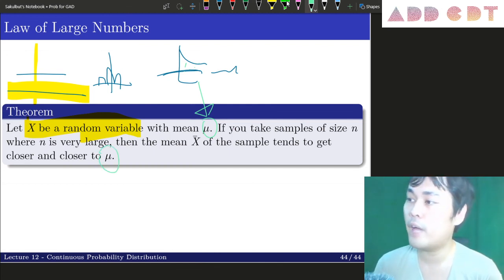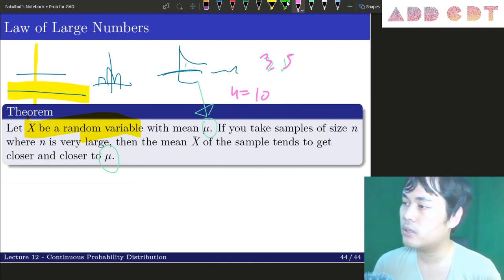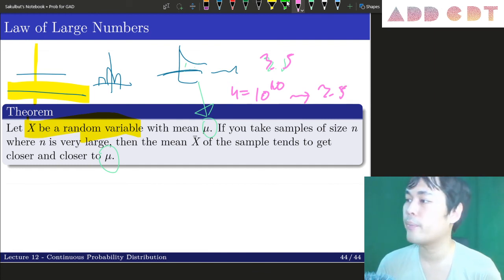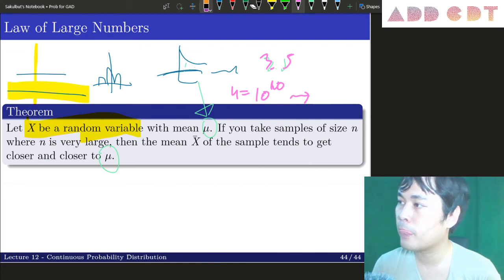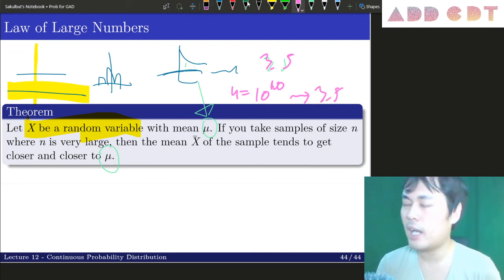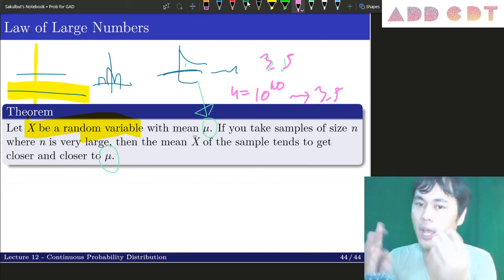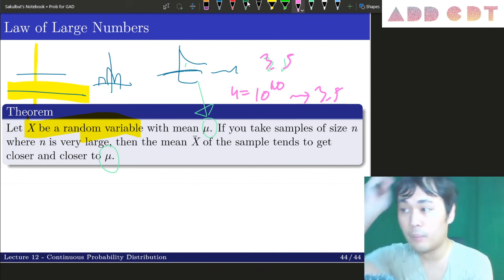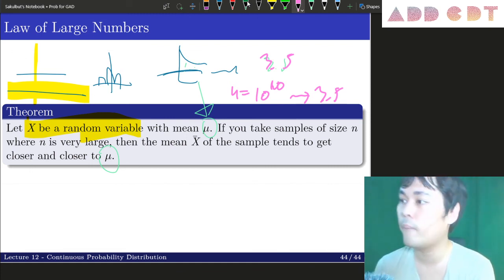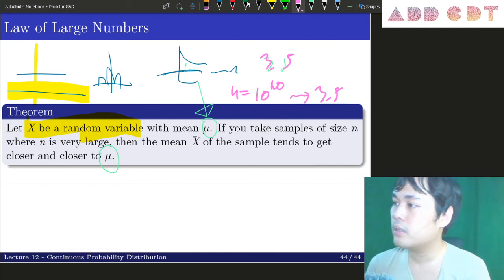If you know the average is 3.5, then if we take 10 to the 10 samples, the average is almost guaranteed to be 3.5. The larger the sample size, the more accurate the estimation of the mean.